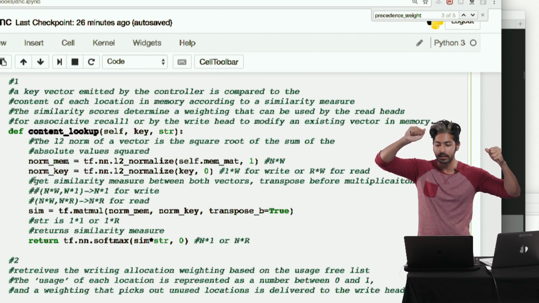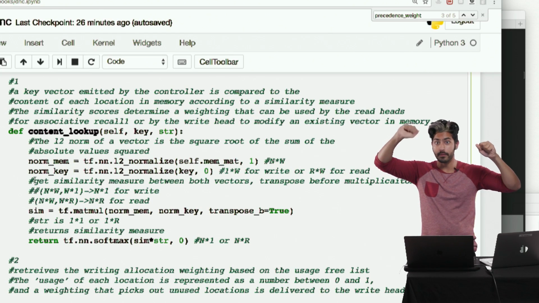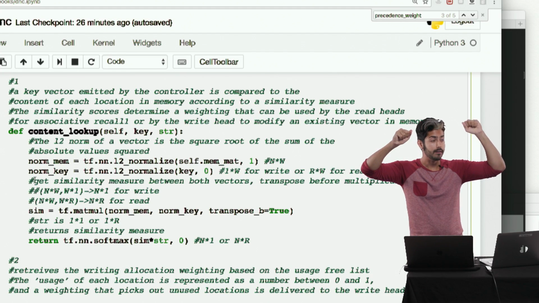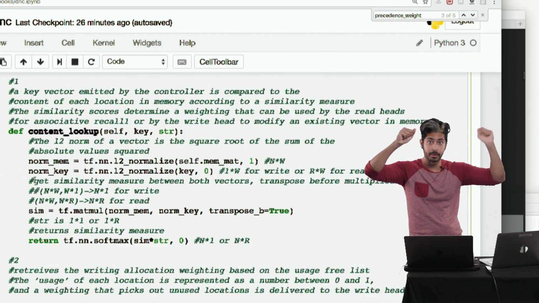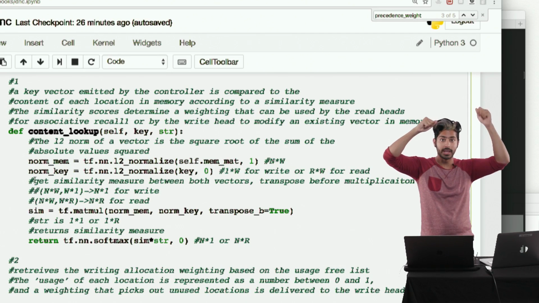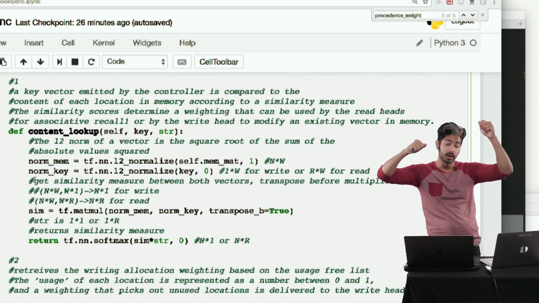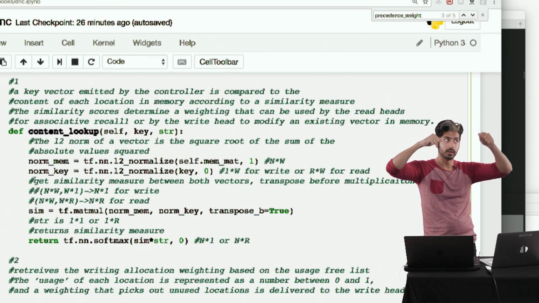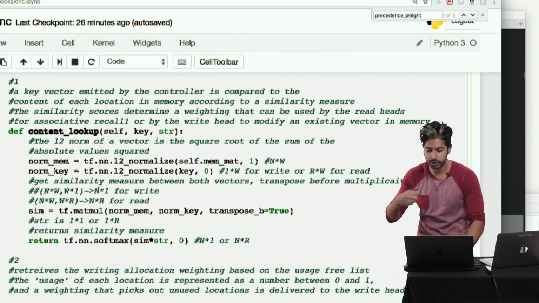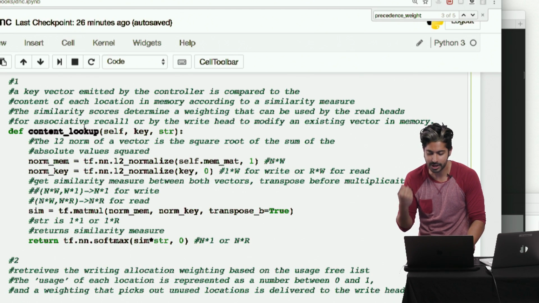So whenever we're reading from our memory bank, we have a vector here, right? The read weight vector, and then we have our vectors, which are all the rows in the memory bank, and we want to find the similarity between all of them, and then find the one that is either the most similar or the least similar, and it's up to it to learn what level of similarity it needs to then read from. It learns where to read from using this content lookup attention mechanism.